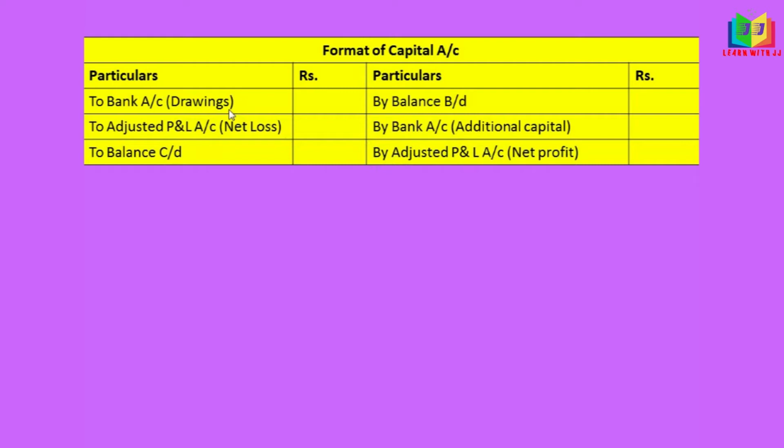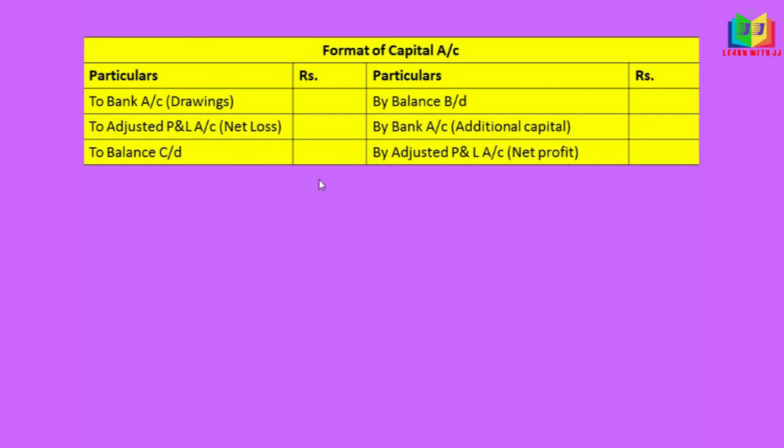If any additional capital is introduced by the partner, we write it on the credit side of the capital account, and we may also get a net loss here. That net loss is written on the debit side of the capital account. This is the format of the capital account which is compulsorily prepared in a sole proprietor and partnership firm.